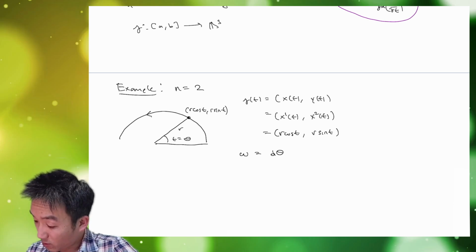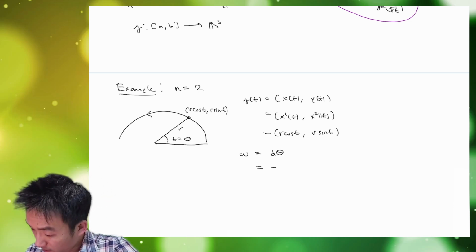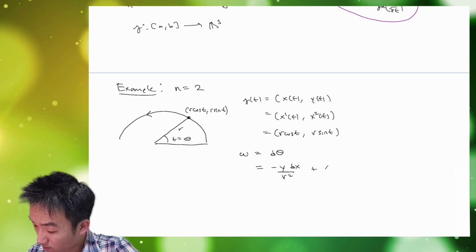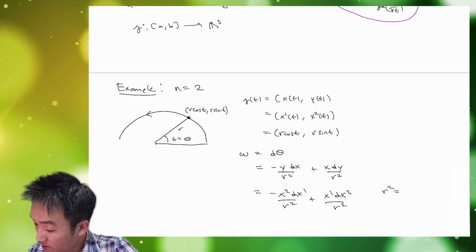And if you write out what d theta is in rectangular coordinates, in the standard Euclidean coordinates, it looks like the following. And again, writing it in terms of our index notation, let's call this x2, this is x1, r squared, and this is x1, x2. Recall r squared is just the sum of the squares of the rectangular coordinates.